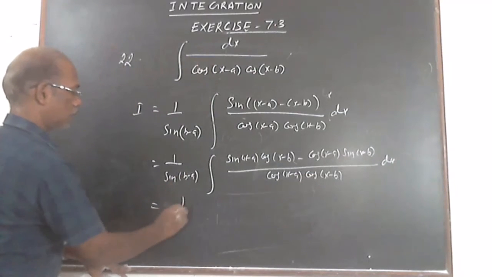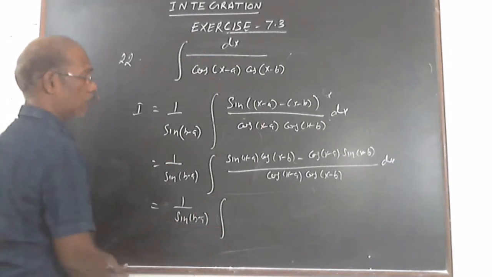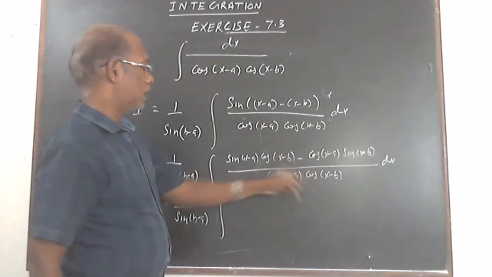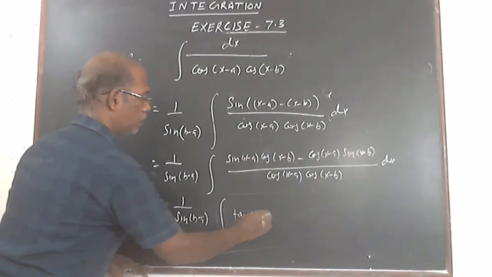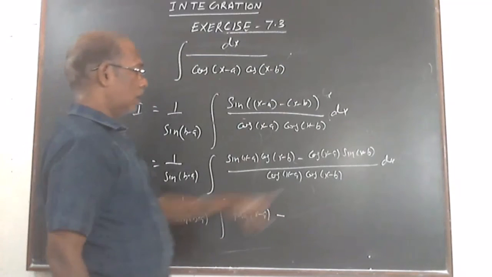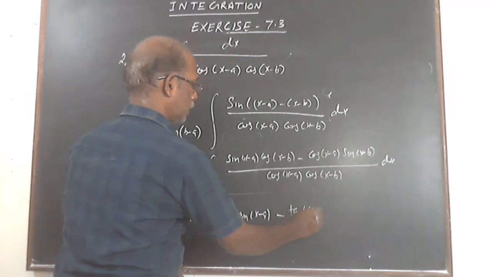After simplification, 1 by sin of b minus a, integral of: cos of x minus b cancels, sin by cos gives tan of x minus a; then cos of x minus a cancels, giving tan of x minus b.